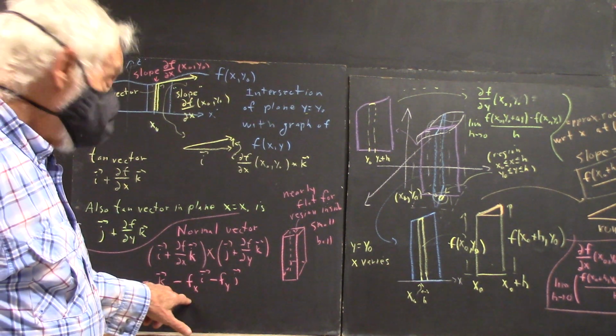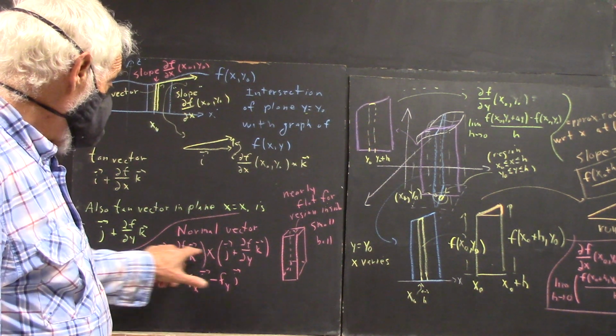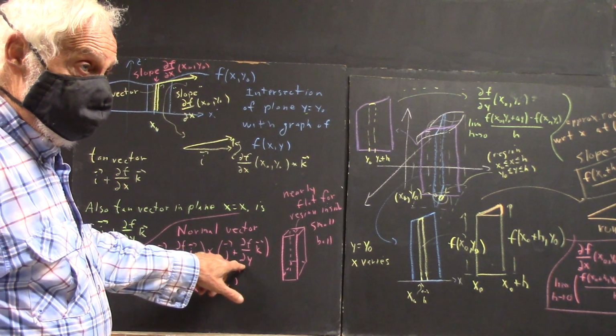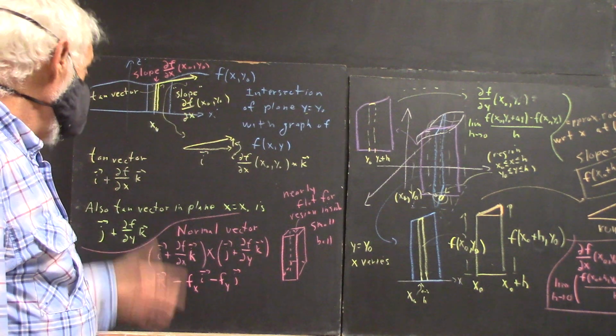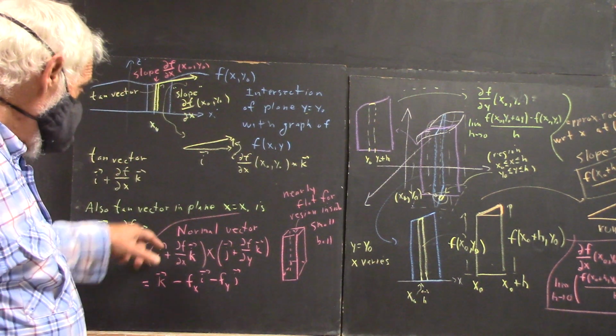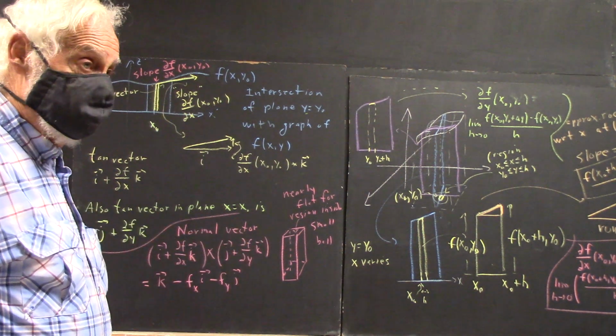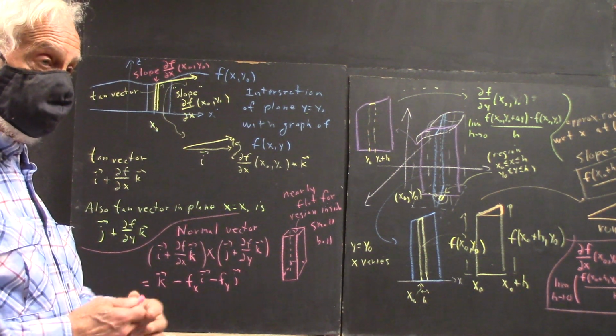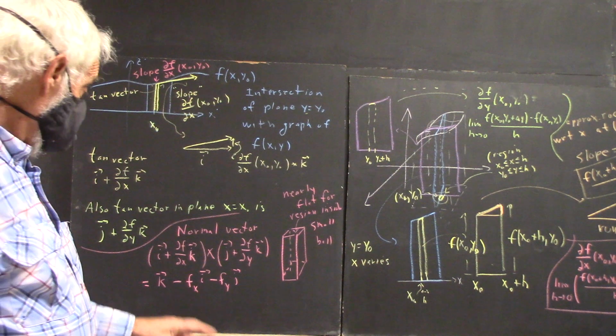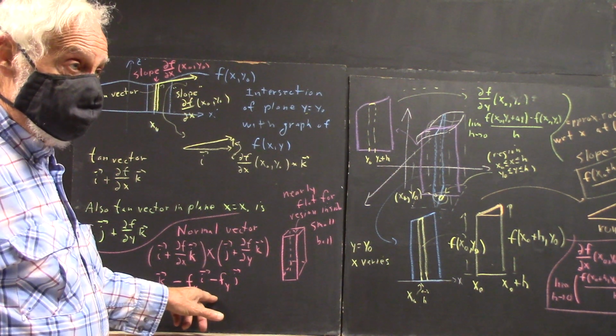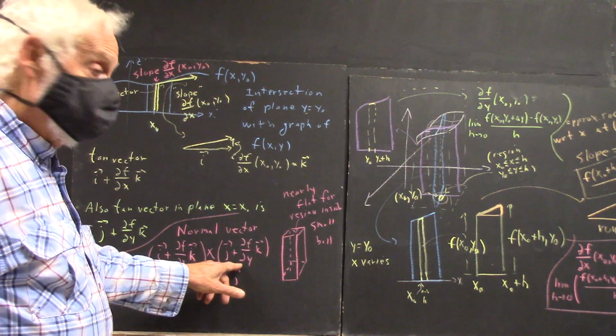So don't ever use this without thinking back to where it comes from. At least think, okay, my tangent vectors are I plus fx times k and j plus fy times k. They're perpendicular. If I take their cross product, I'm going to get the normal vector, and this is what it is. Because if you think that, you'll always be able to test yourself.